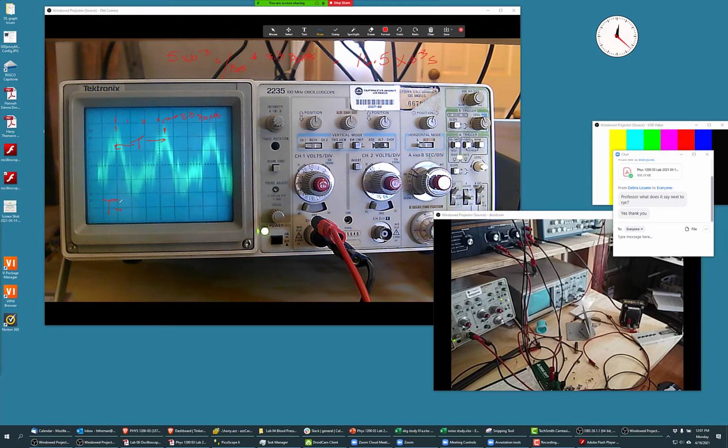And the period equals 16.5 times 10 to the minus 3 seconds. So then the frequency equals 1 over the period. And guess what that is?